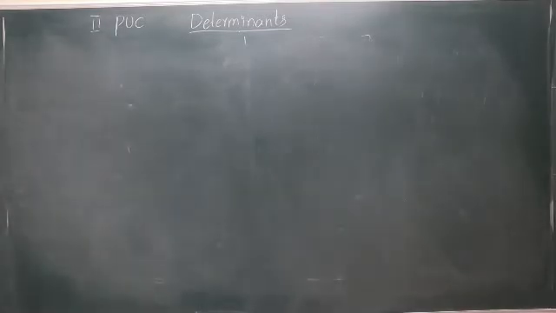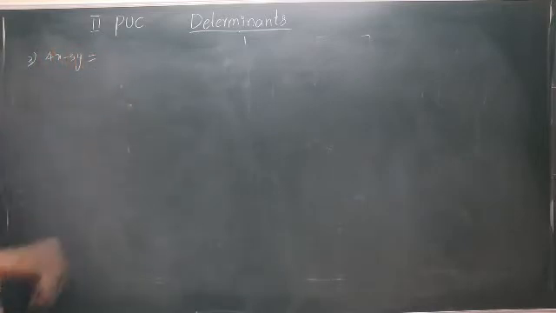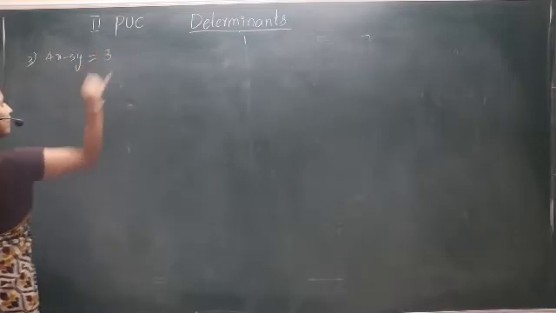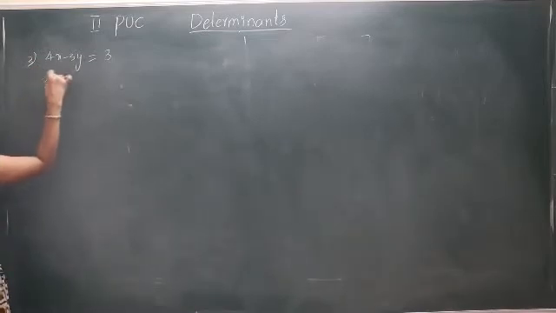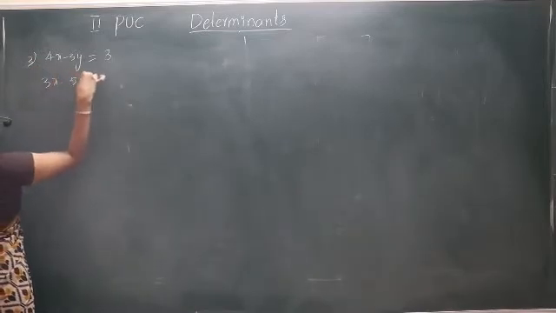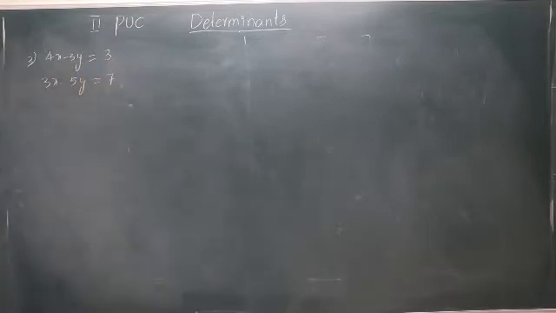4x minus 3y is equal to 3, then 3x minus 5y is equal to 7. This is one more question with a 2 by 2 matrix.